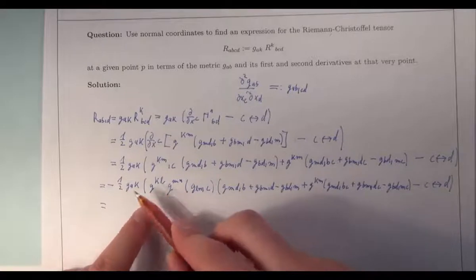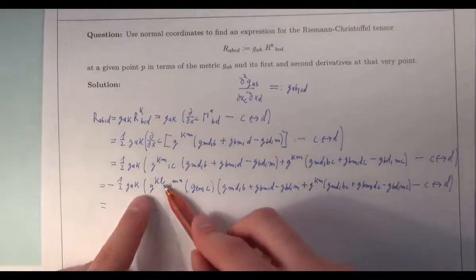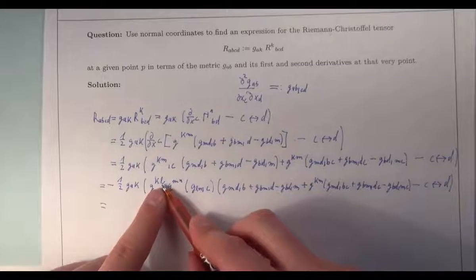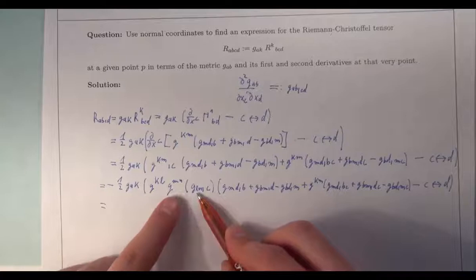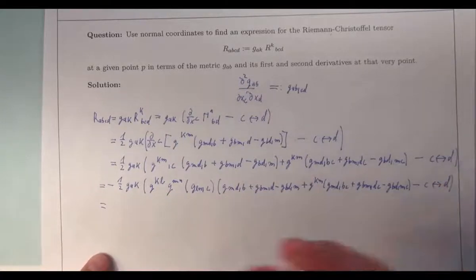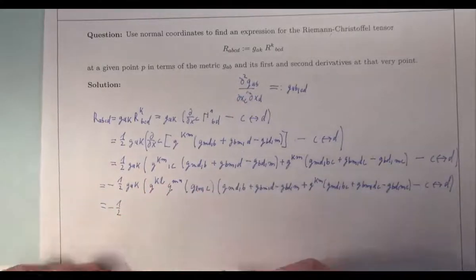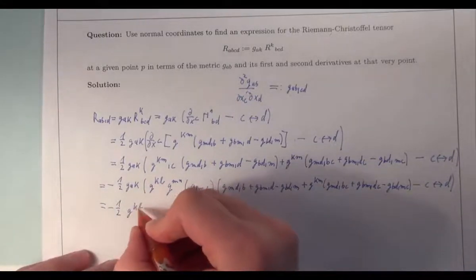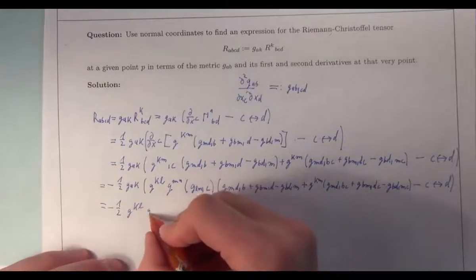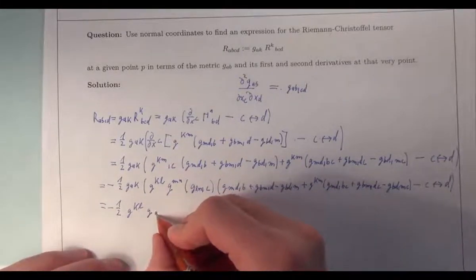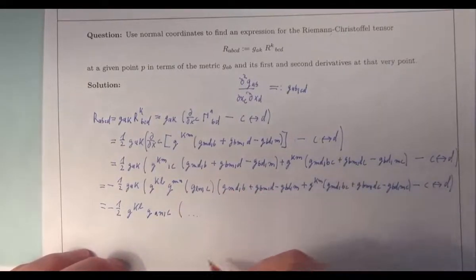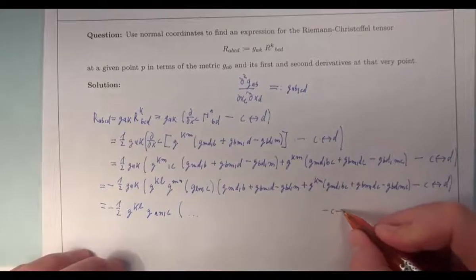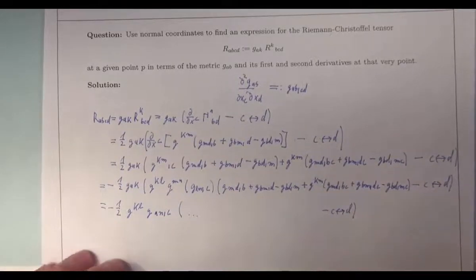G_AK G^KL is delta^L_A, which means that I can just call the L in here A. This symbol still stands in front. It's minus 1/2 G^KL, G_AN,C of all this bracket terms, blah blah blah, minus C D exchanged. I just do not like to write it again.